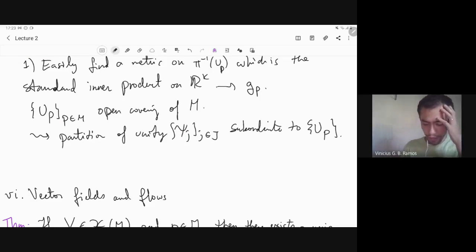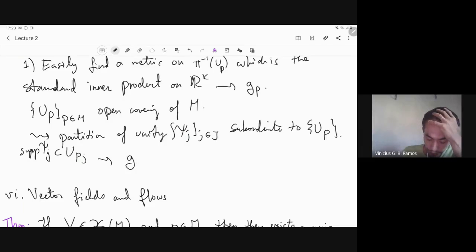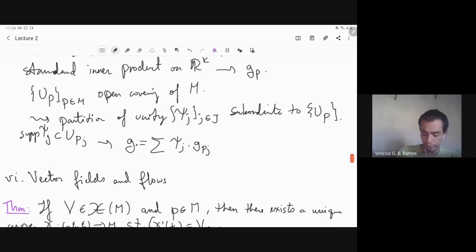And for each j, we know that the support of psi_j is contained in some U_pj. So now you can just consider g, which is the sum of psi_j times g_pj. Because this is a partition of unity, this sum is going to be locally finite, so this g is well defined. And because psi_j is greater than or equal to 0, this is going to be positive definite.